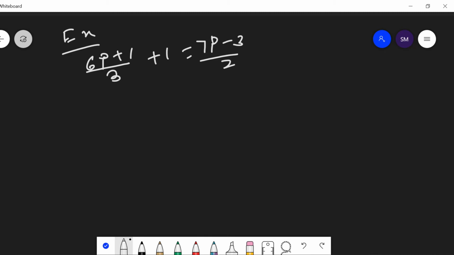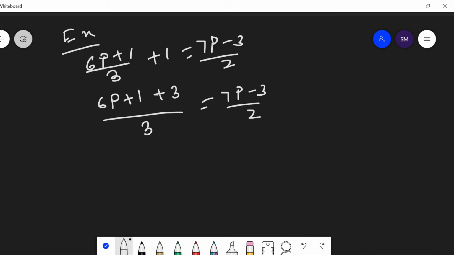Here at first we solve this. Then take 3 as the LCM, and this is 6p. The variable is p here. This is 6p plus 1 plus 3 is equal to 7p minus 3 upon 2. Then this is 6p plus 4 upon 3 is equal to 7p minus 3 upon 2.